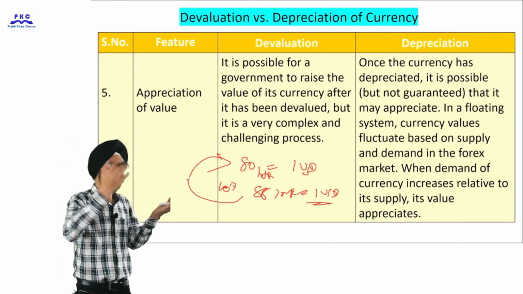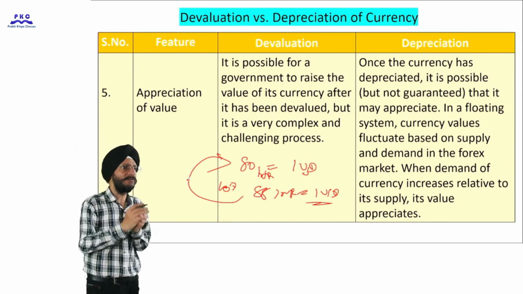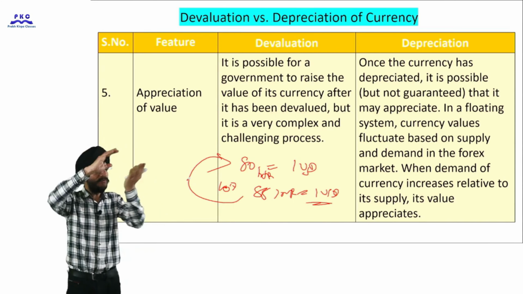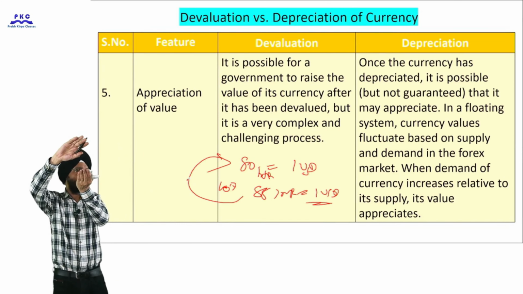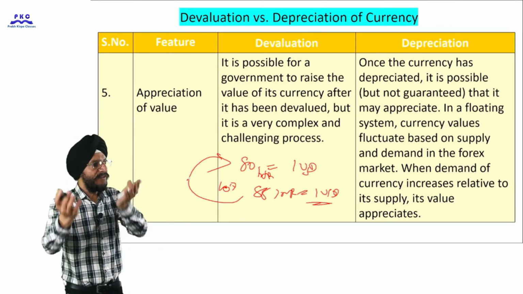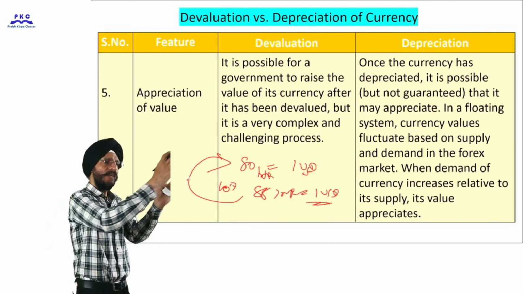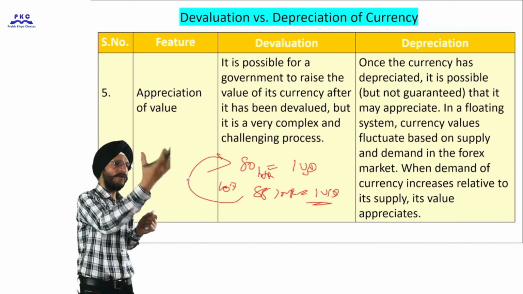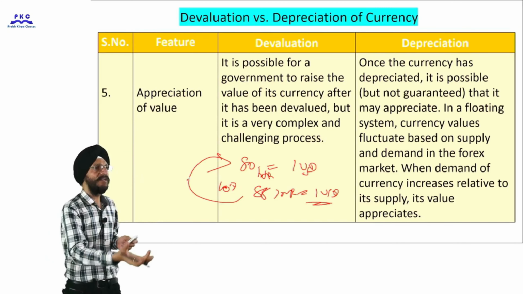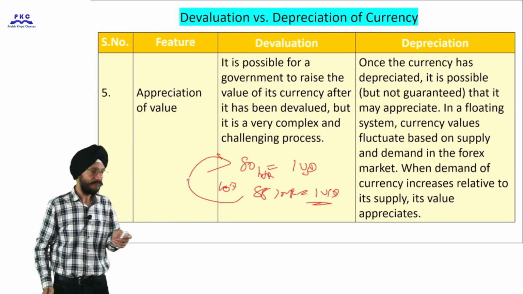There will be no demand of the domestic currency in the foreign exchange market. However, if the outlook of the country improves, economic performance improves, the investors think that it will be worthwhile to make investment in the country, the demand of the domestic currency will increase and the value of the domestic currency will increase.